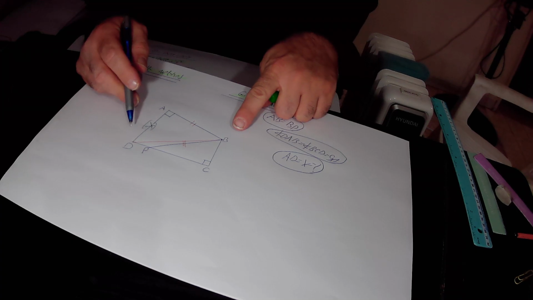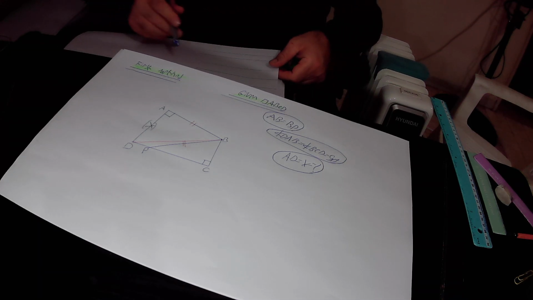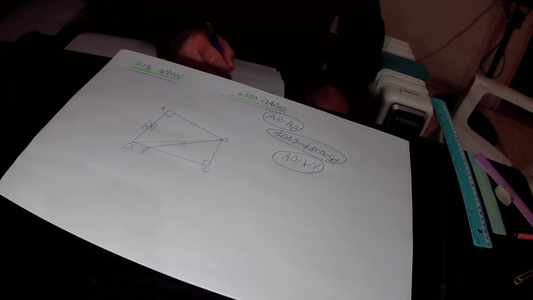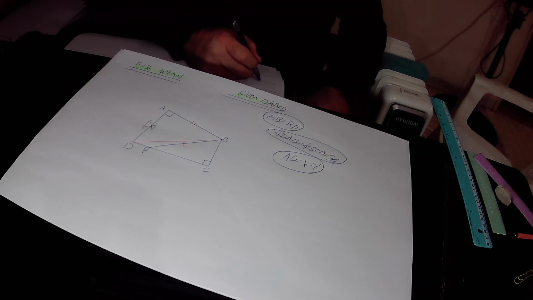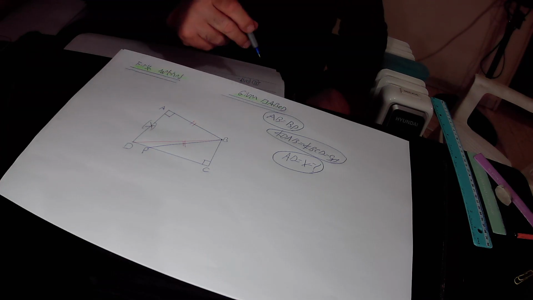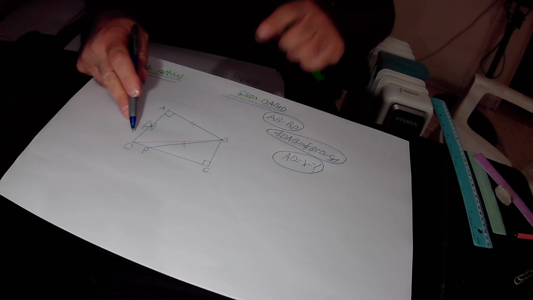In the next step, we will implement the Pythagoras theorem on this lower right triangle DBC. Here PT is the abbreviation for Pythagoras theorem. In this right lower triangle DBC, according to the Pythagoras theorem, BD squared, that is the square of the hypotenuse, equals BC squared plus DC squared.